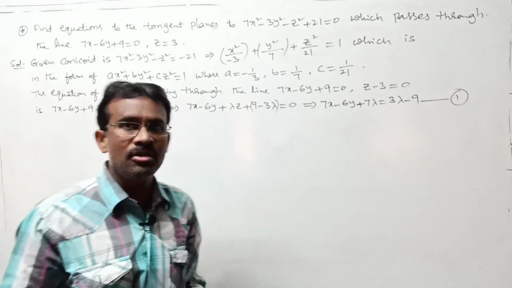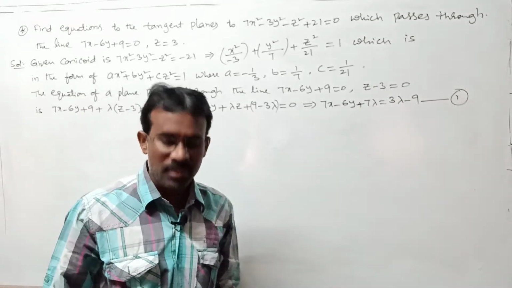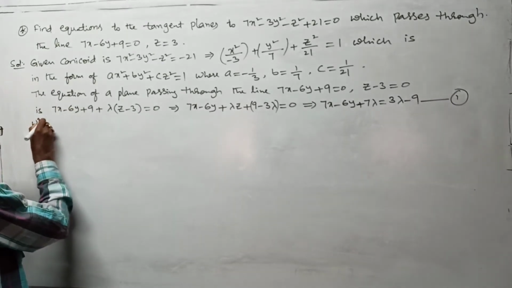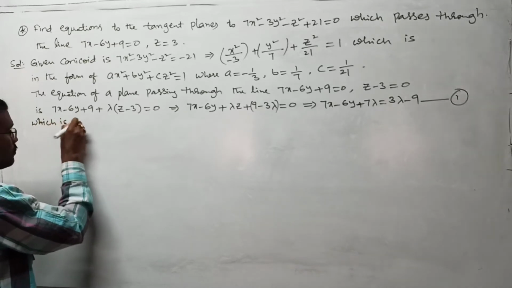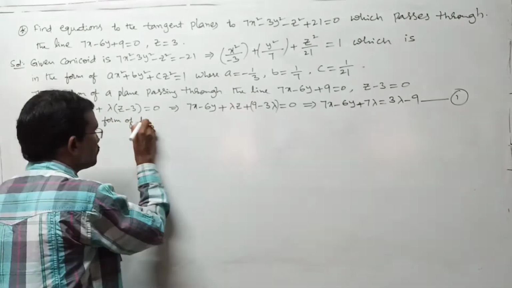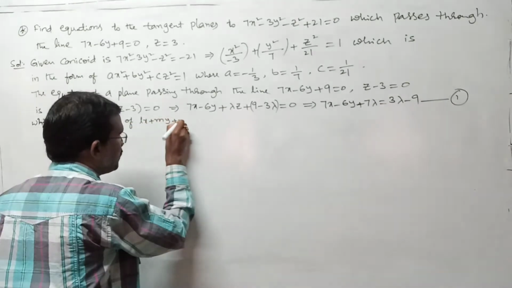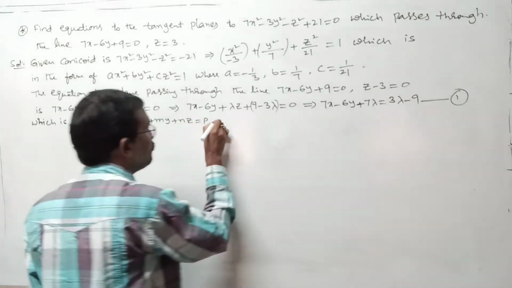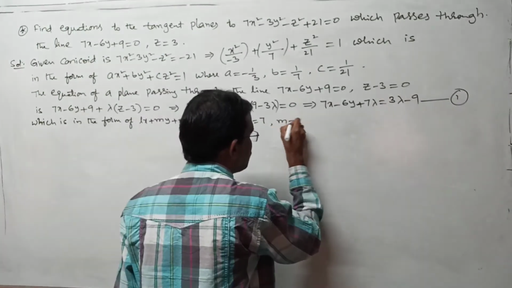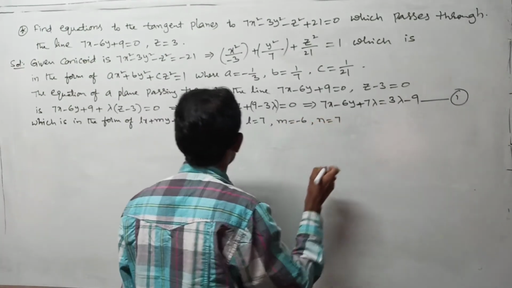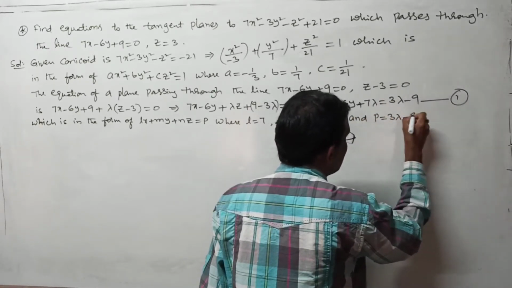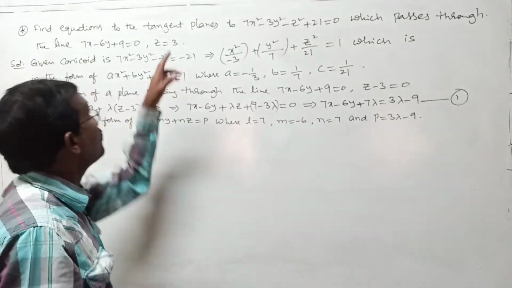Compare this with the regular form Lx + My + Nz = P. Define L, M, N and P: L = 7, M = −6, N = λ and P = 3λ − 9. Now you can come to the question.